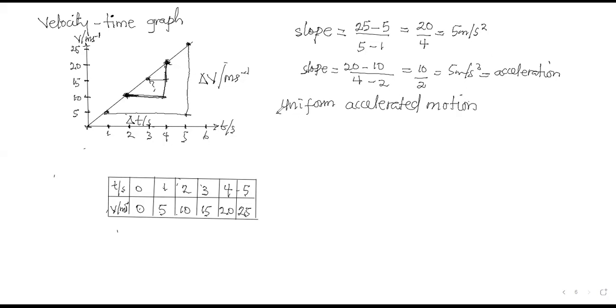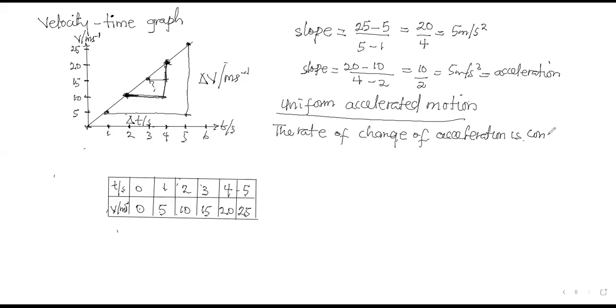Uniform accelerated motion. So in a uniform accelerated motion, the rate of change of acceleration is constant.